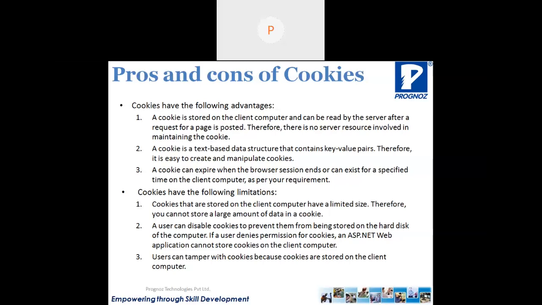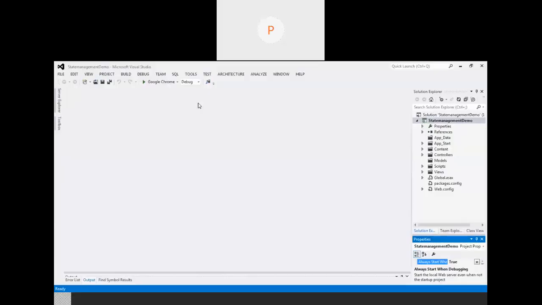The third limitation is that the user can tamper with the cookies because the cookies are stored within the client browser. The client will decide whether he wants to keep those cookies in his browser or not. If I want, I can manually change that data, as well as remove that data from the client browser.